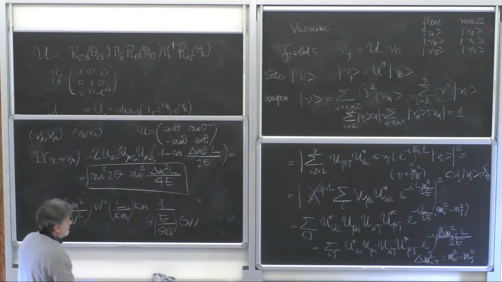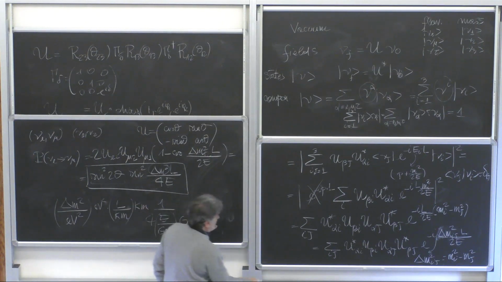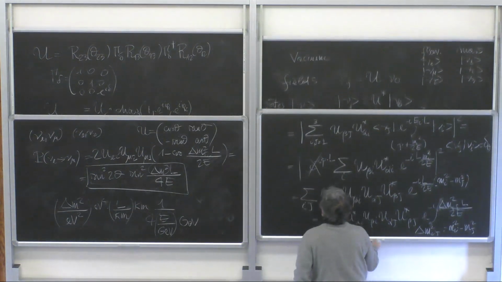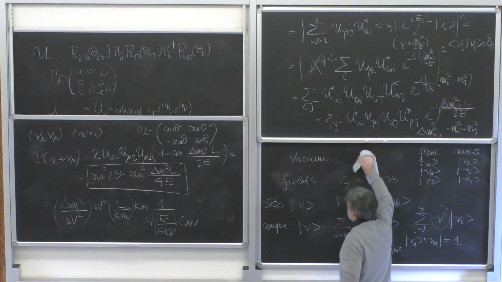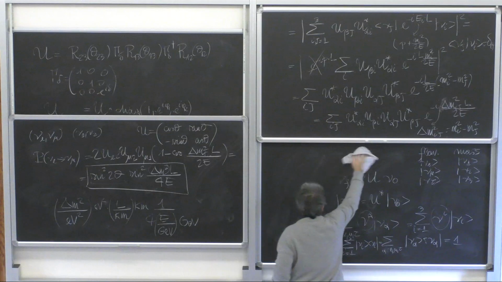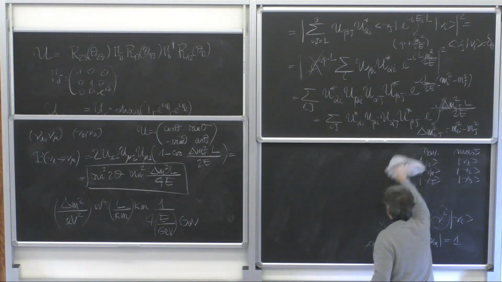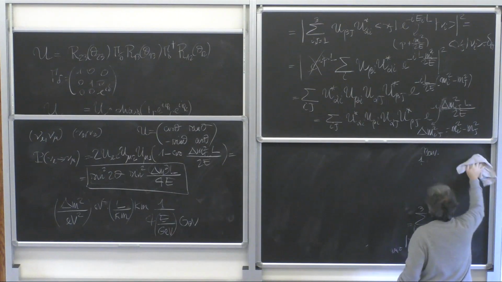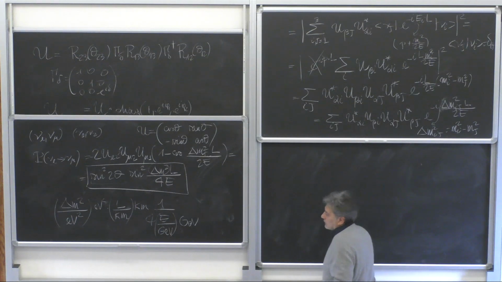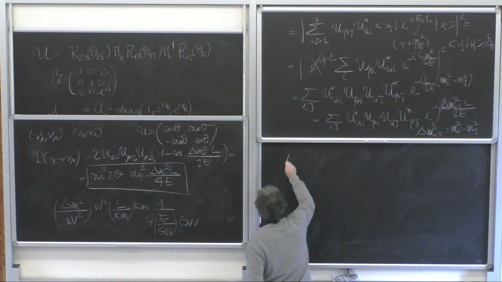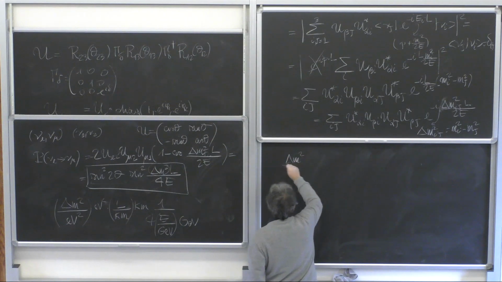So if you do this, we measure delta m squared in electron volt squared.